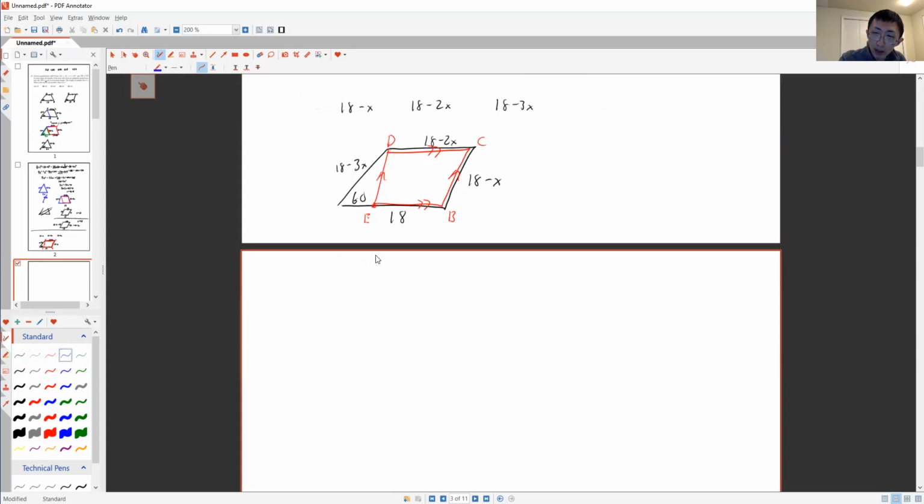Well, we get another triangle. Here, because this is 18 minus 2x, this will be 2x, because the opposite side to CD will be BE, and this is also 18 minus 2x. And these two now add up to 18. So we get 2x, 18 minus x, 18 minus 3x.